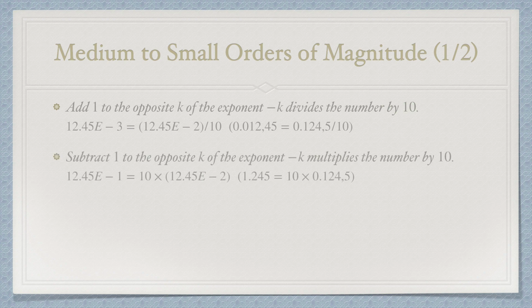Subtract 1 to the opposite of the exponent minus k multiplies the number by 10. For instance, 12.45 e minus 1 is 10 times 12.45 e minus 2.